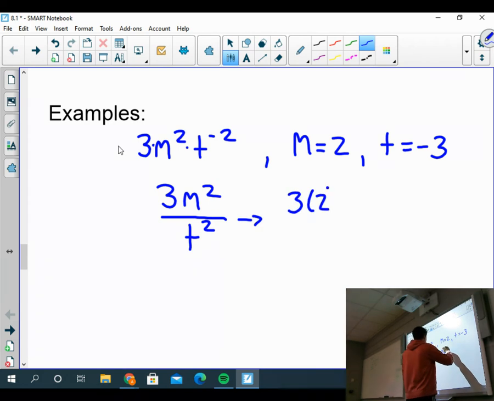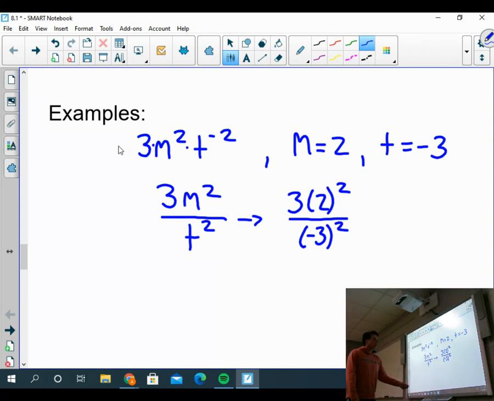I'm going to plug in 2 for m, and I'm going to plug in negative 3 for t. And notice I'm plugging them in using parentheses. This is incredibly important, especially when we're plugging in negative numbers like negative 3 here. And they go in parentheses because when we see t is being squared, that means the whole quantity t is being squared. So if -3 is going to go in for t, then -3 itself needs to be squared.